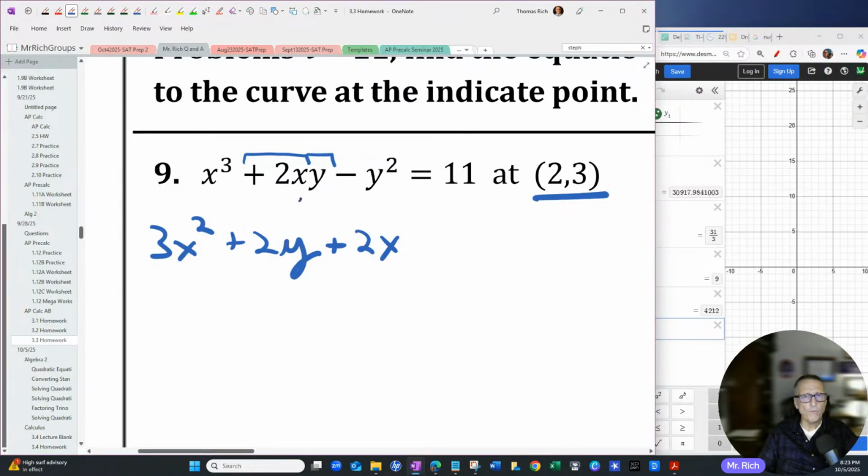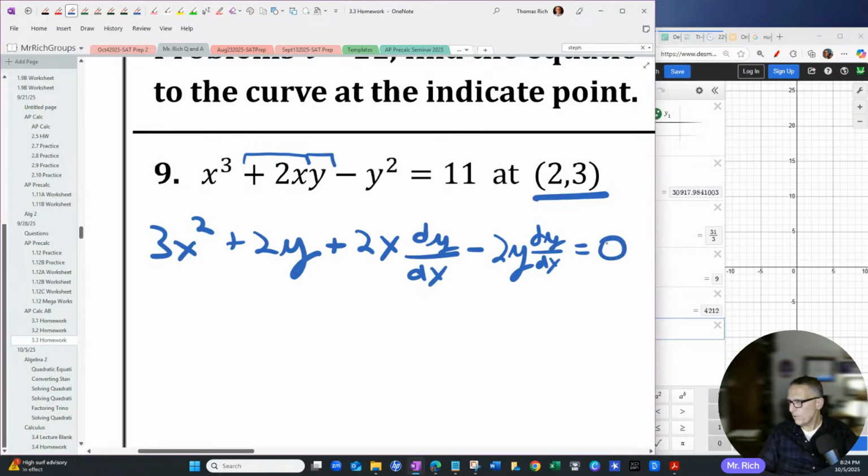Well, the derivative of y would be 1 times dy/dx. So this becomes 2x dy/dx. Then I move to the next term, and this would be negative 2y. But again, I have to add a dy/dx multiplier by the chain rule. And then that would be equal to 0.